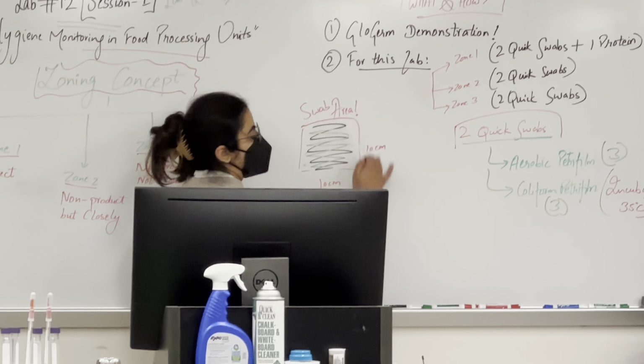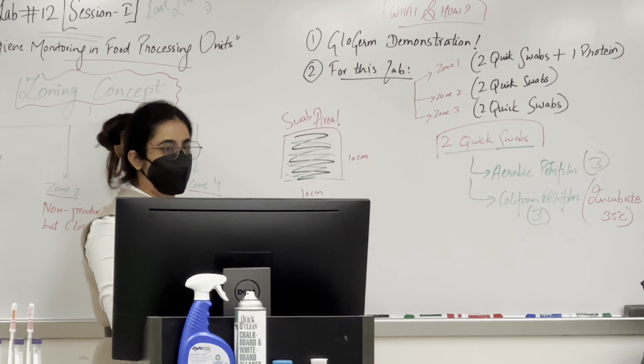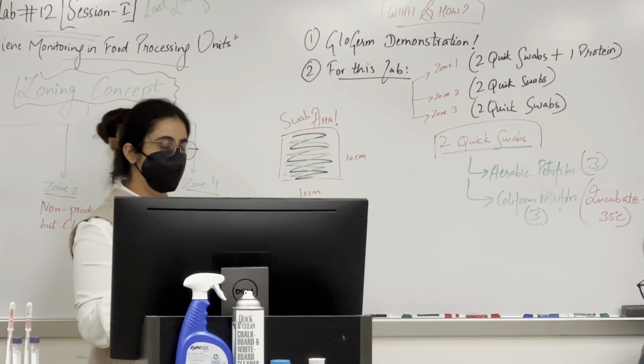You take the swab sample over a 10 by 10 area by estimation. You do the swabbing in one direction, then in the opposite direction, and then rotate the swab enough to take the sample of that particular area. I have shown stroking in one direction and then in the opposite direction.